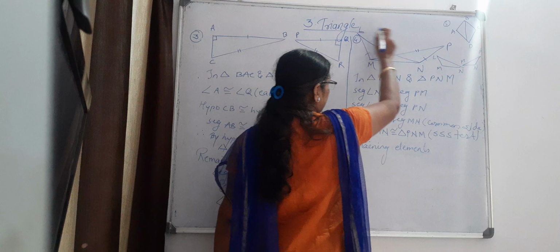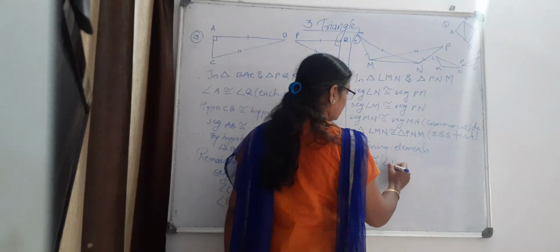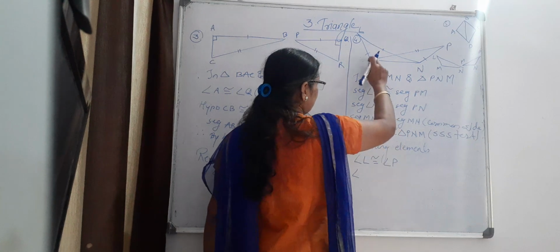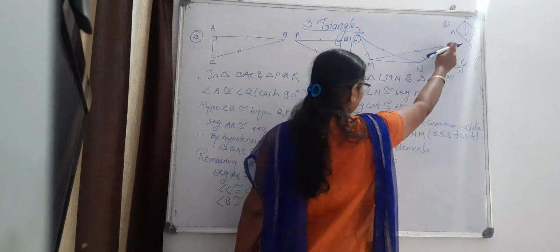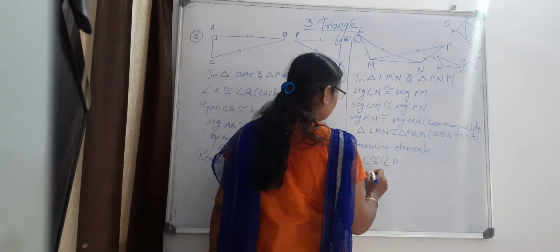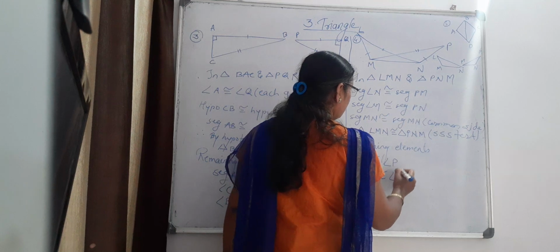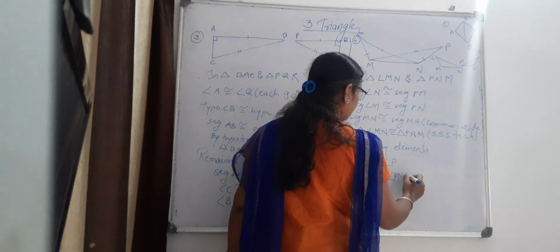So first angle L is congruent to angle P. Second, what is the name of this angle? Angle LMN is congruent to angle PNM.